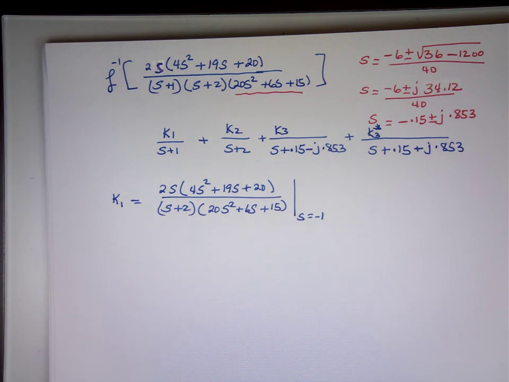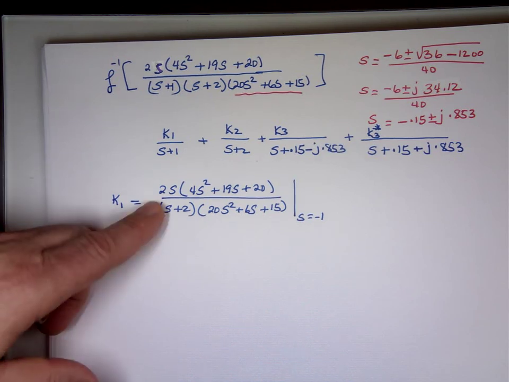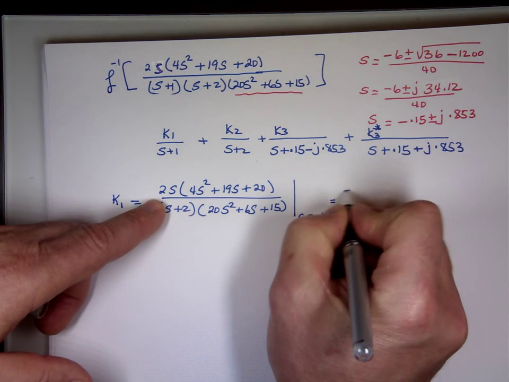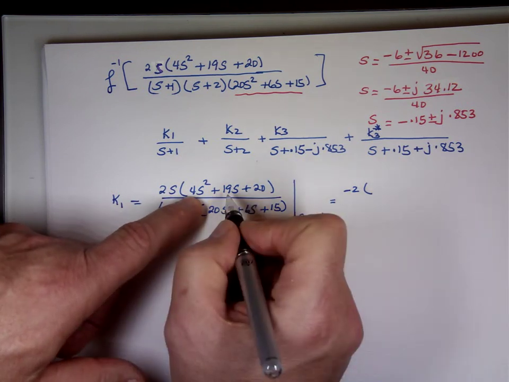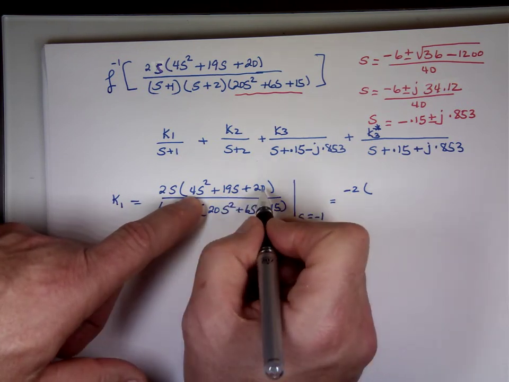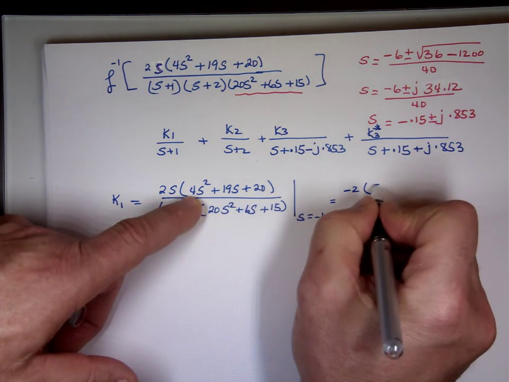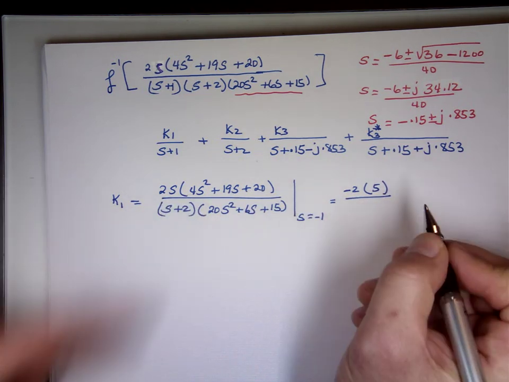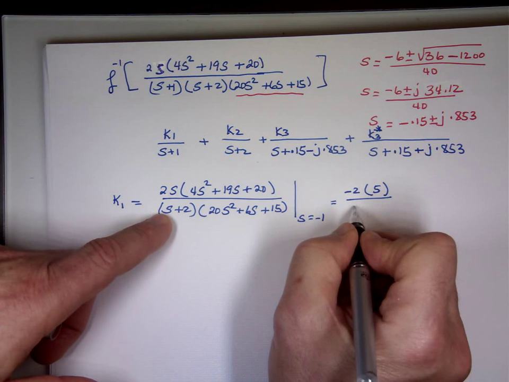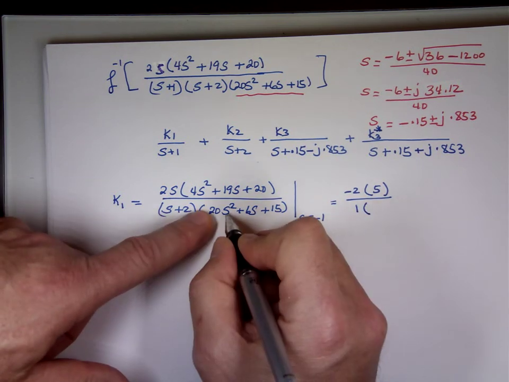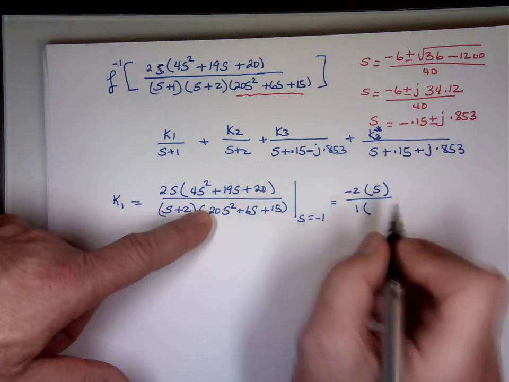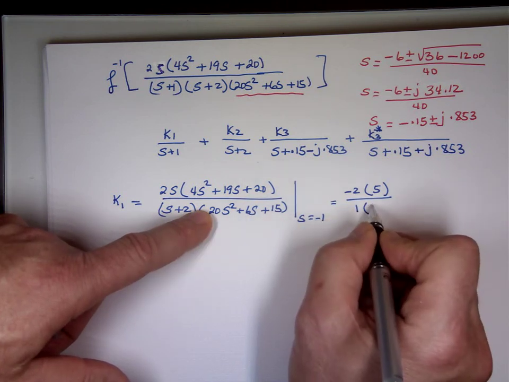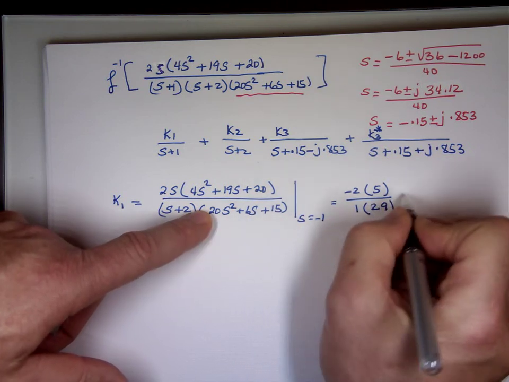Plug in s equals -1. So what are we going to have? That's a -2 on the top. That's 4 minus 19 plus 20, which is 5. -1 plus 2 is 1. 20, 35, 35 minus 6 is 29. So -10 over 29.